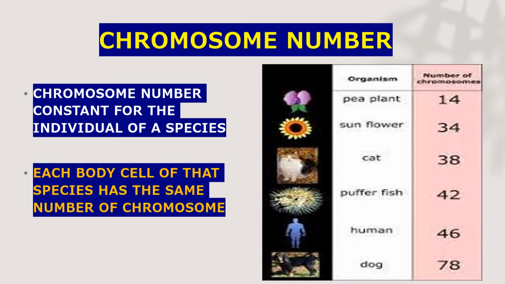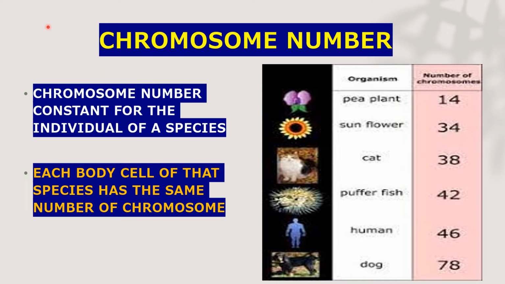Each body cell of that species has the same number of chromosomes. That means all the pea plants have 14 chromosomes in their body cells. All sunflower plants have 34 chromosomes in their body cells. All cats have 38 chromosomes in their body cells.